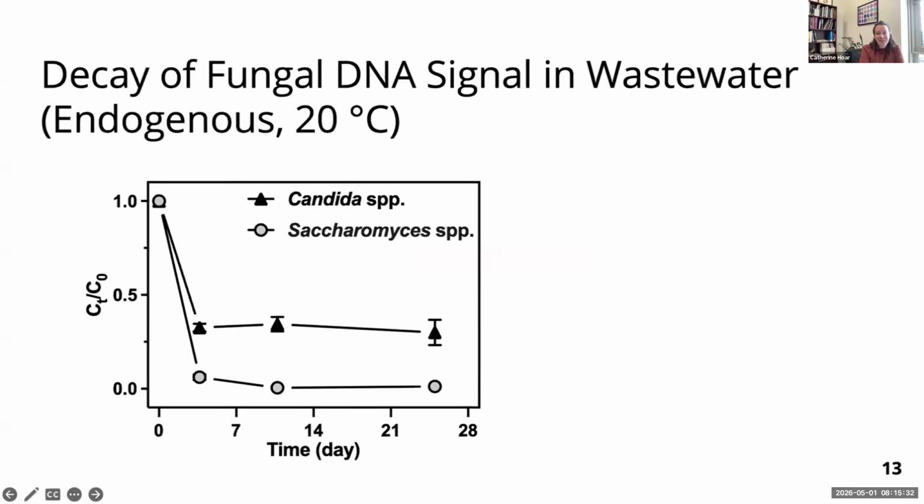We're also interested in the fate of fungal targets in sewage and in sewage-contaminated water. So, thinking about decay and persistence of DNA signal across different fungi, something that we've looked at every time a new target comes up.